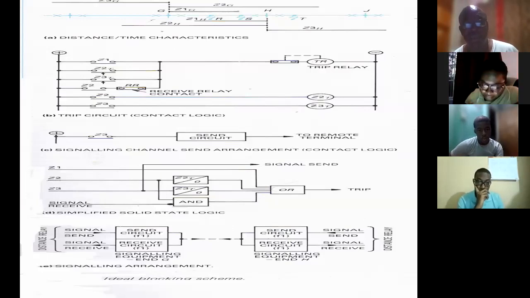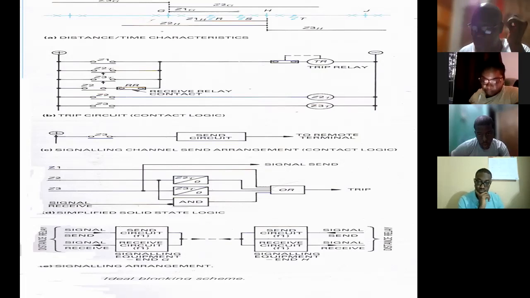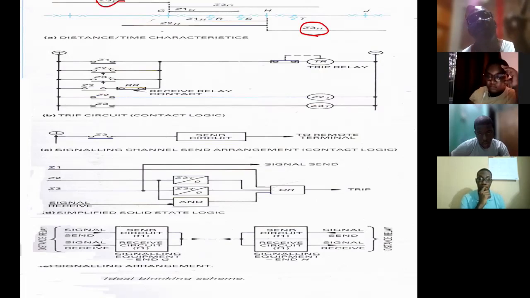In this circuit, what you're seeing are some modifications to the ones we looked at earlier. And the biggest modification is shown here. The zone 3 settings are shown in the reverse.